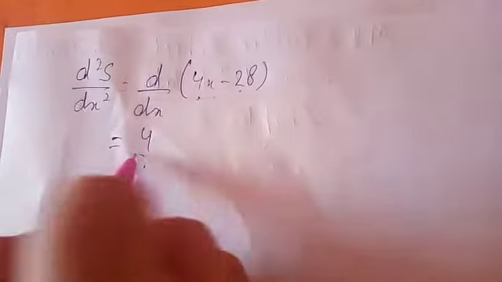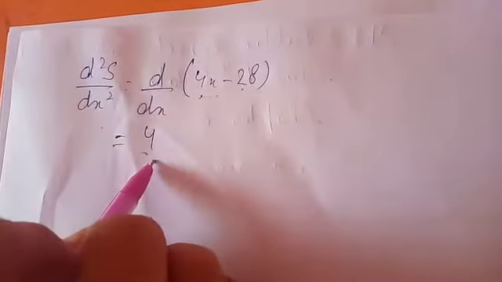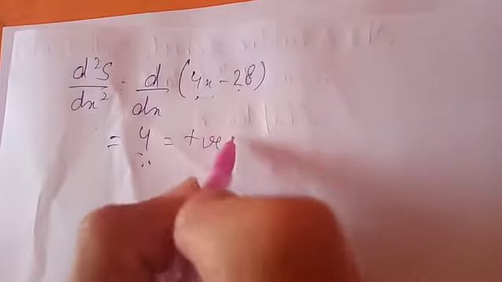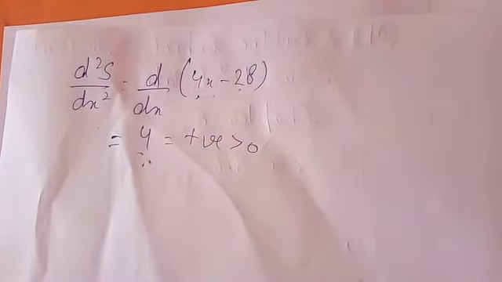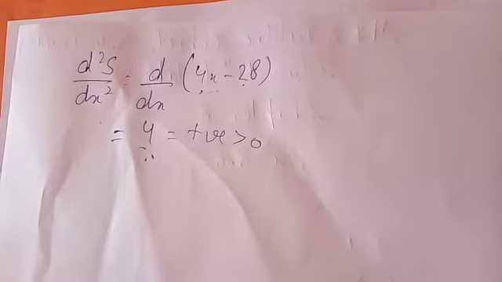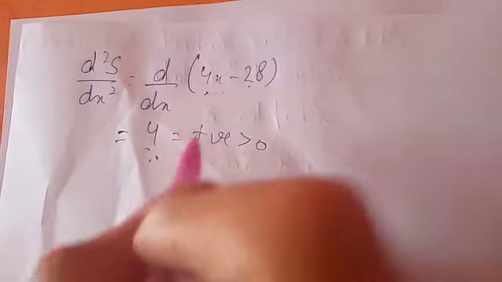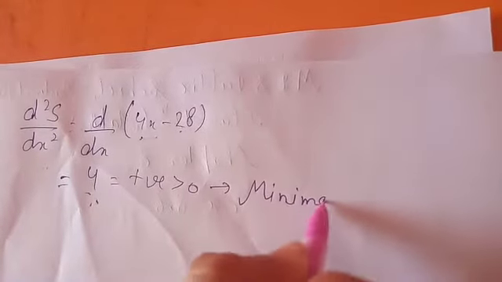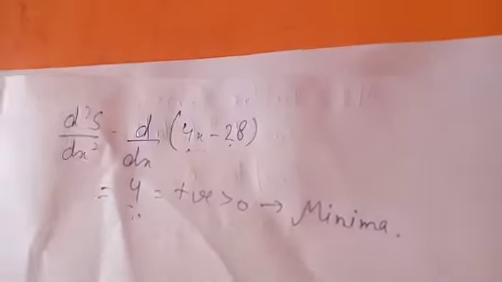So our d square S by dx square is 4. That means it is positive. Positive means greater than 0, and we know that whenever our double derivative is greater than 0, then we have a point of minimum.